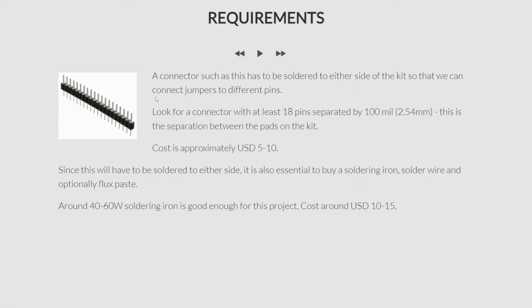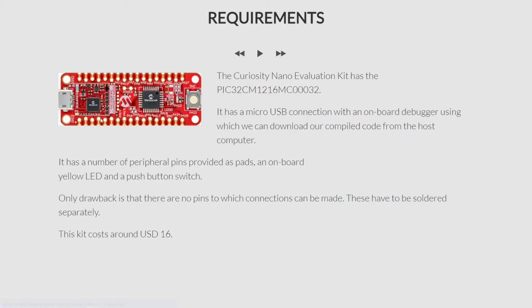Now you can look for any type of connector, but make sure that it has at least 18 pins and the pins are separated by 100 mil or 2.54 millimeters, because this is the separation between the pads on the kit. You see these pads, this is where you'll be soldering the header, and these pads are separated by 100 mil or 2.54 millimeters.